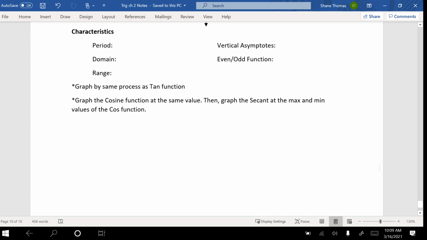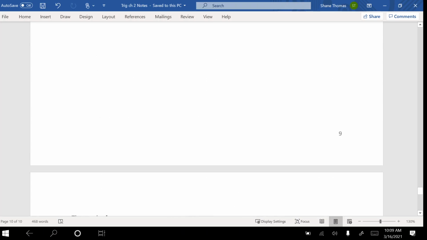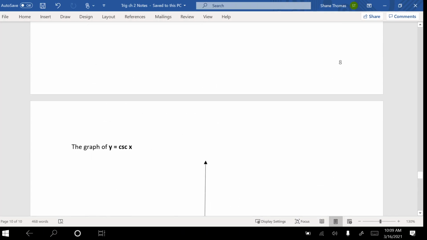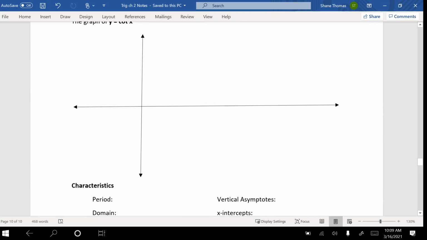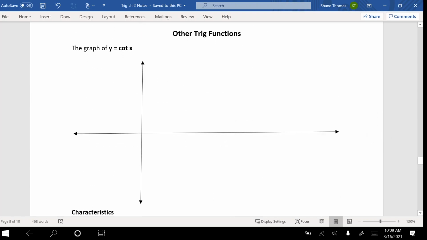All right, so let's start with the cotangent of x. Now remember yesterday we did tangent. What's tangent kind of look like? It looks kind of like the cubed function, just over and over and over again. Cotangent is sort of like that.